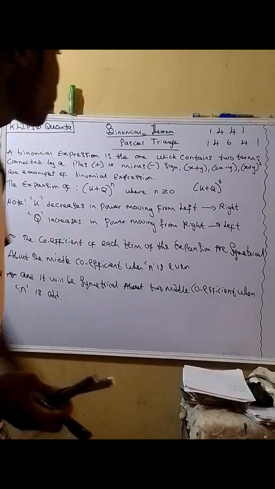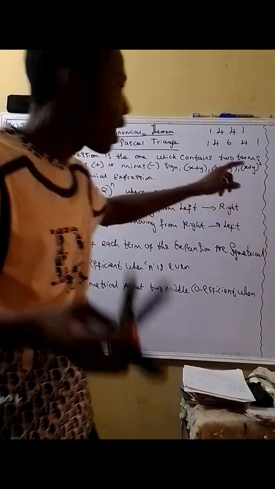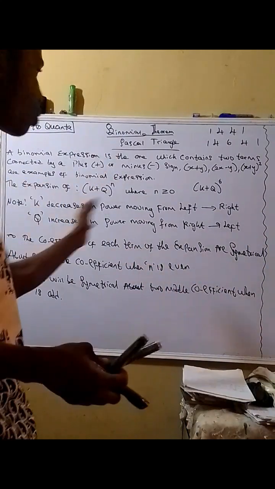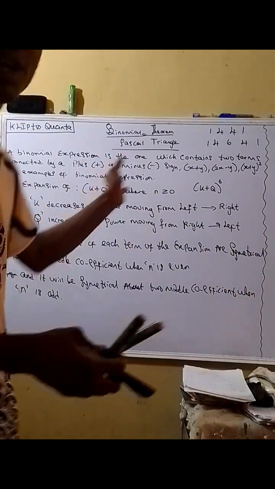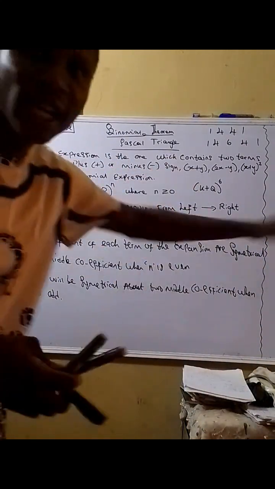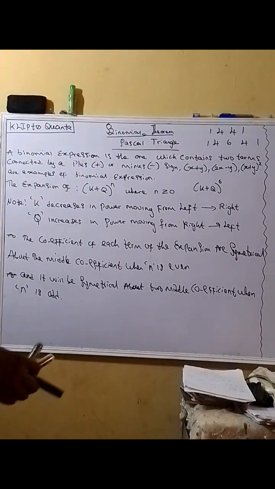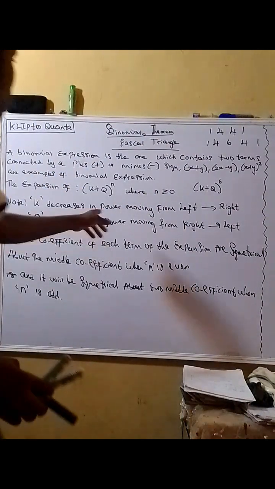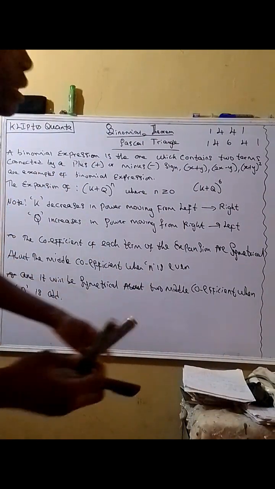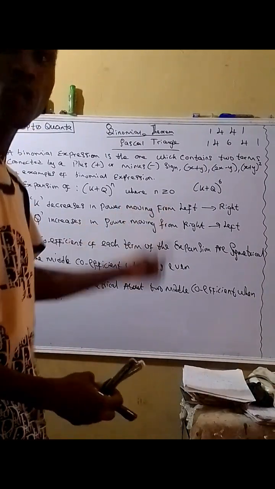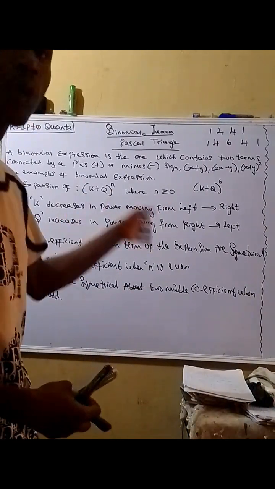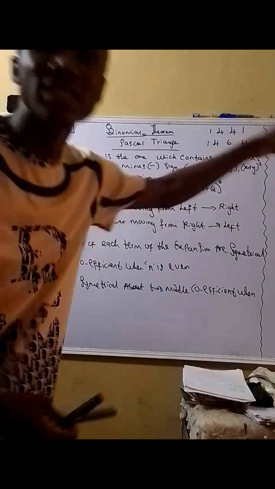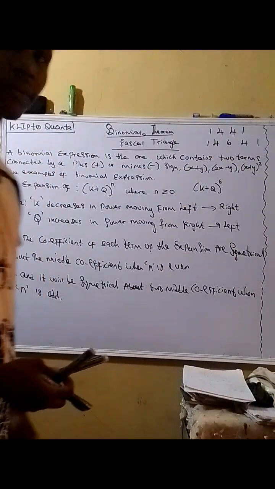That means you have k raised to power 6, k to power 5, k to power 4, and so on, decreasing continuously, while q will keep increasing in power. q starts from 0, then increases to 1, 2, 3, 4, 5, till it gets to 6.